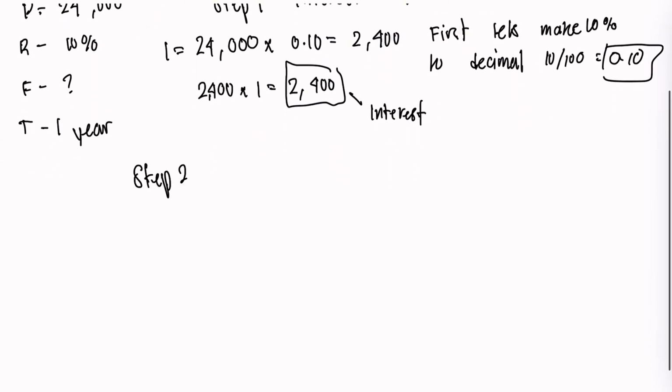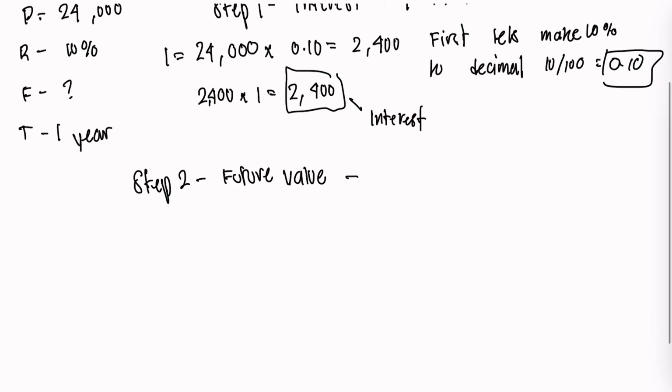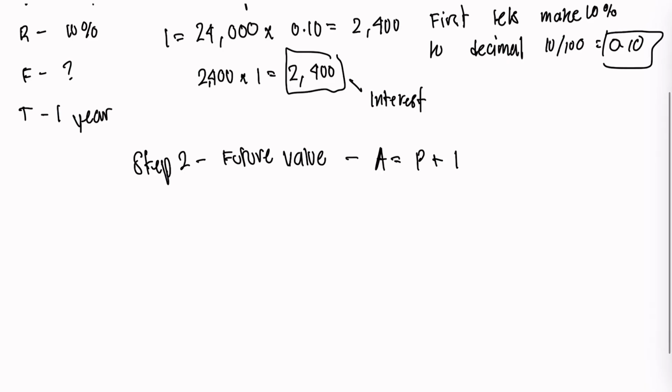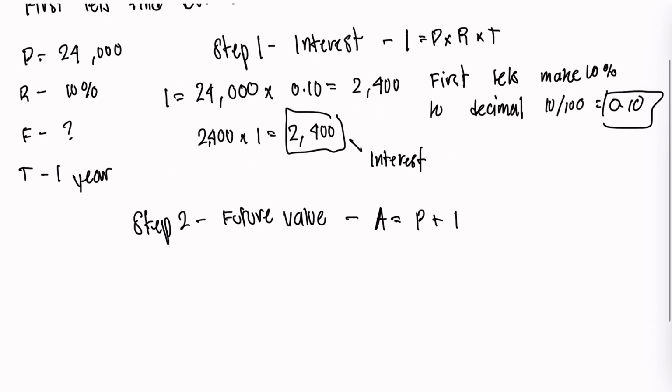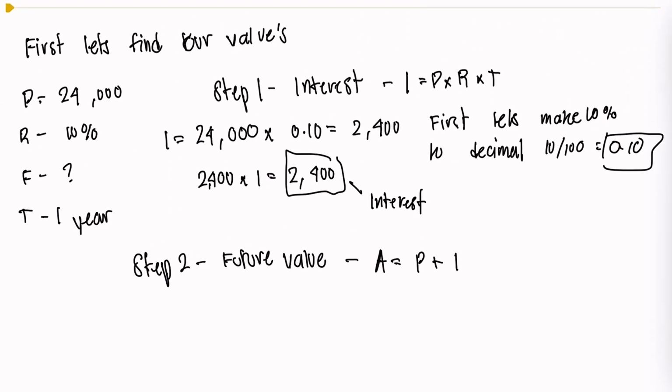For step 2, let's find the future value. The formula for finding the future value is A is equal to P plus I. So let's substitute the values to the formula.